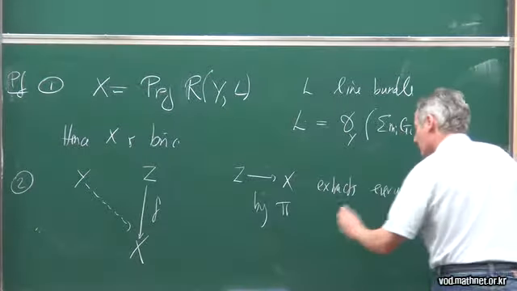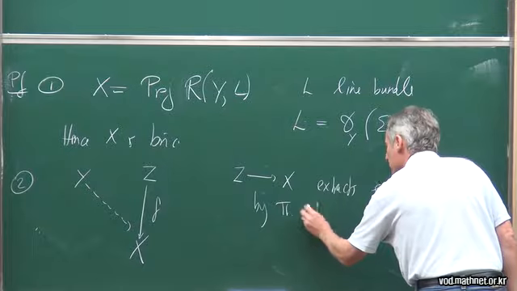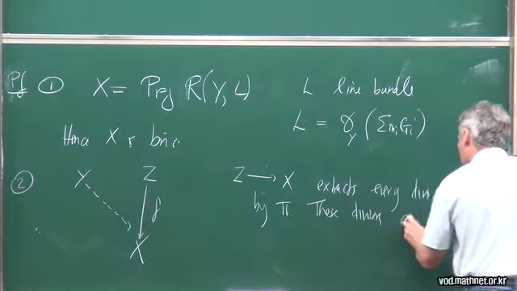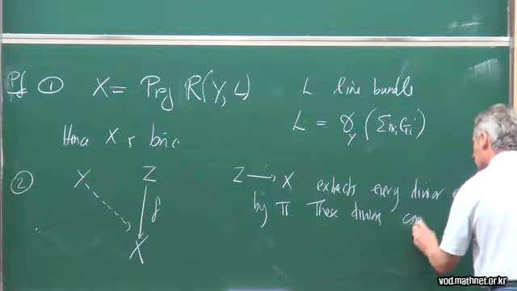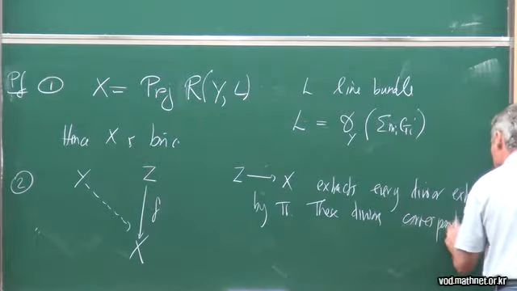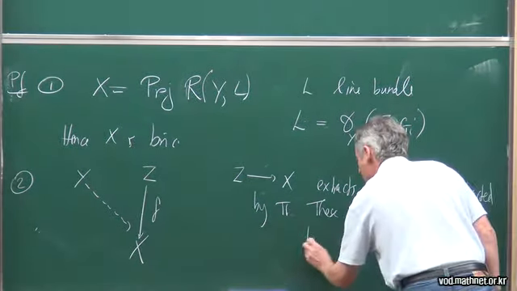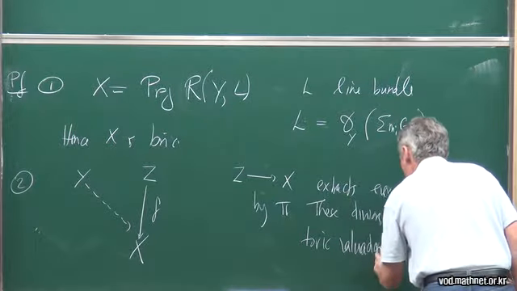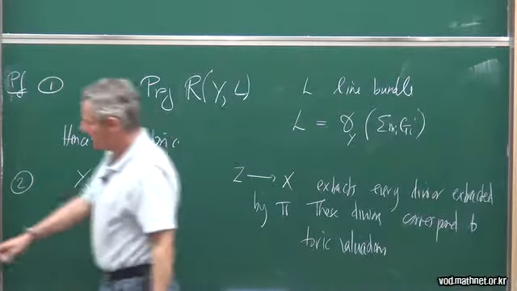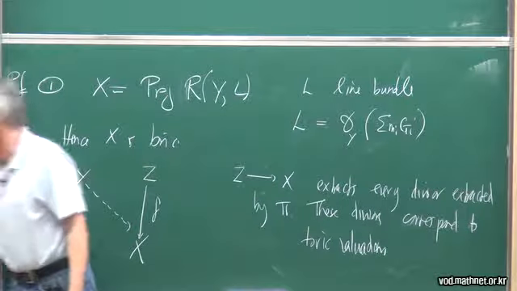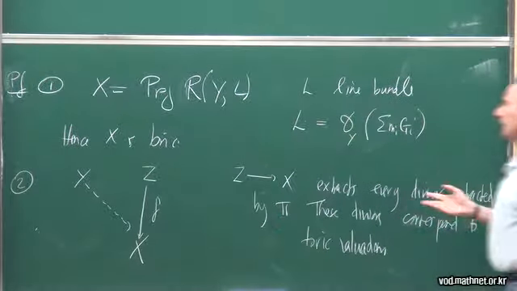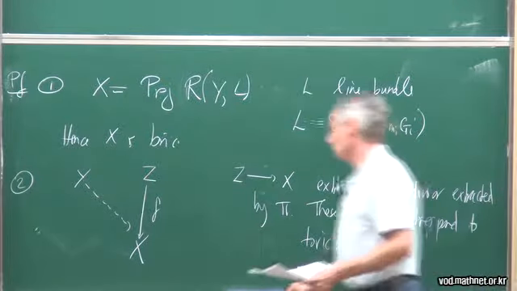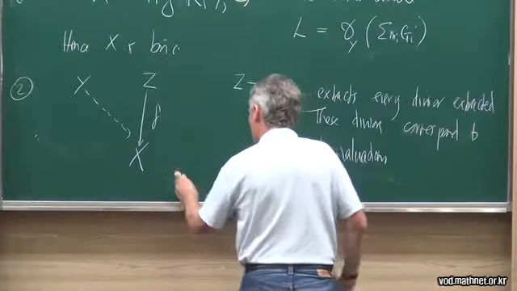So the key observation is that these divisors correspond to toric valuations. They're log discrepancy 0 with respect to (X, D). (X, D) is a toric pair, so they're toric. So Z is toric.